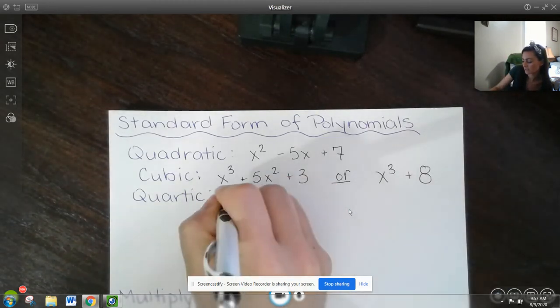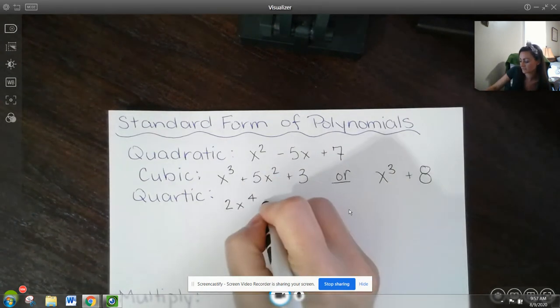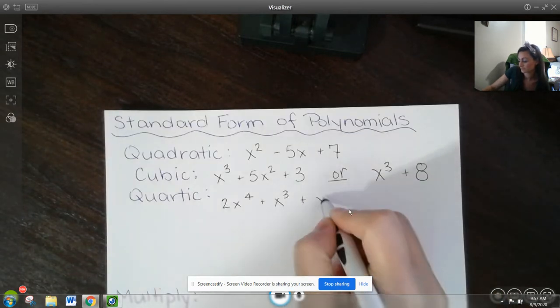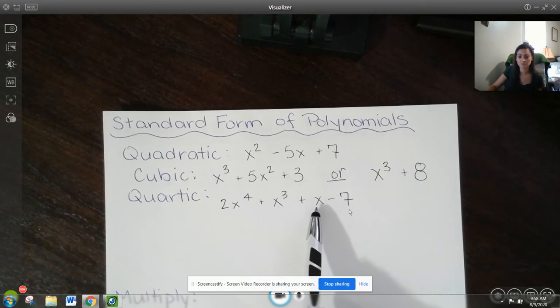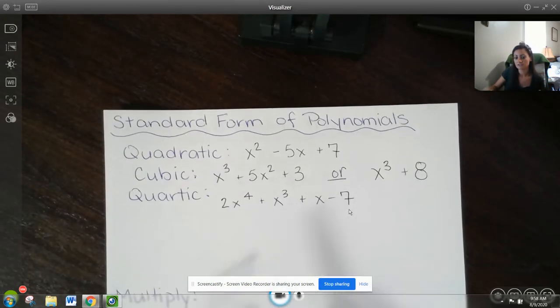Same thing with quartic. Highest exponent has to go first, then whatever is lower, and so on. Again, I don't have to have every exponent represented, but I have to make sure that they are in descending order, highest to lowest.